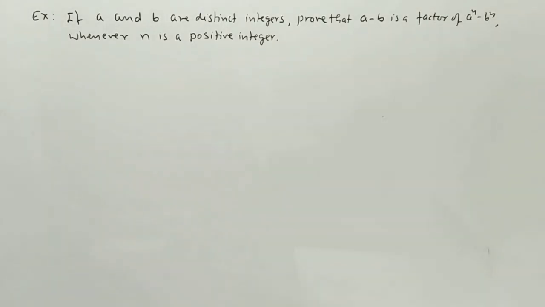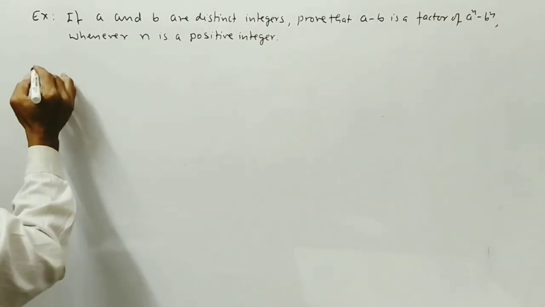If a and b are distinct integers, prove that a minus b is a factor of a raised to the power n minus b raised to the power n, whenever n is a positive integer. Solution.